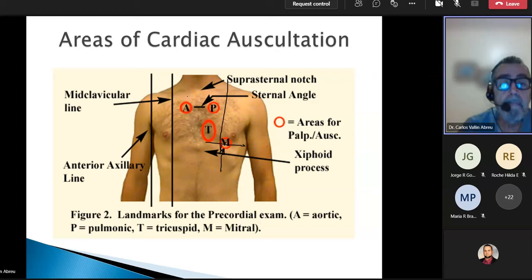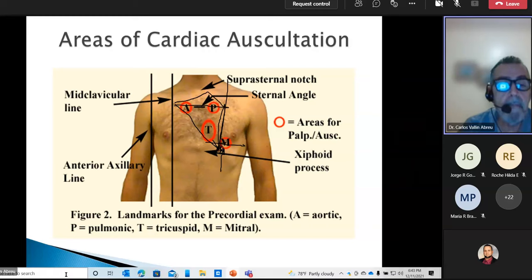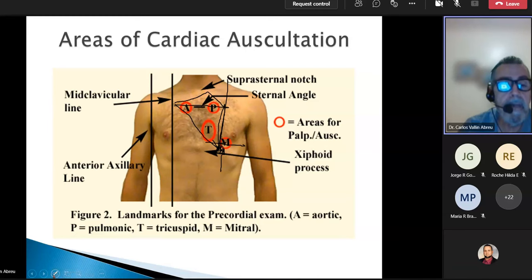Another valve that is very important is the aortic valve. The aortic valve is auscultated in the base. You remember that I told you that the heart is like an inverted pyramid? This is the apex, this is the base. The base of the pyramid is where the big arteries exit the heart.